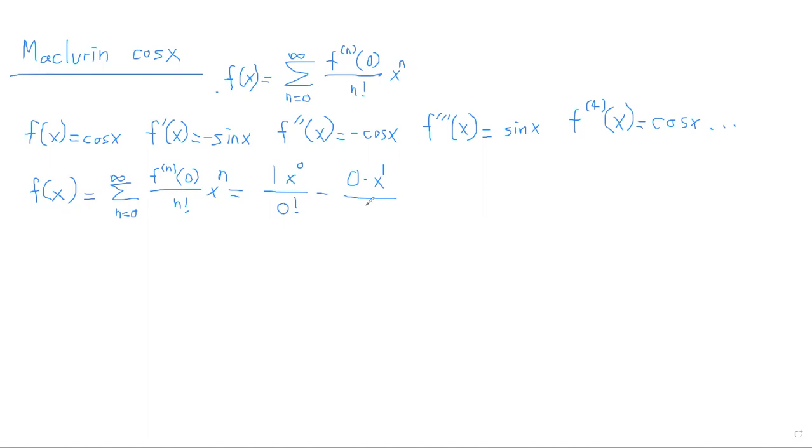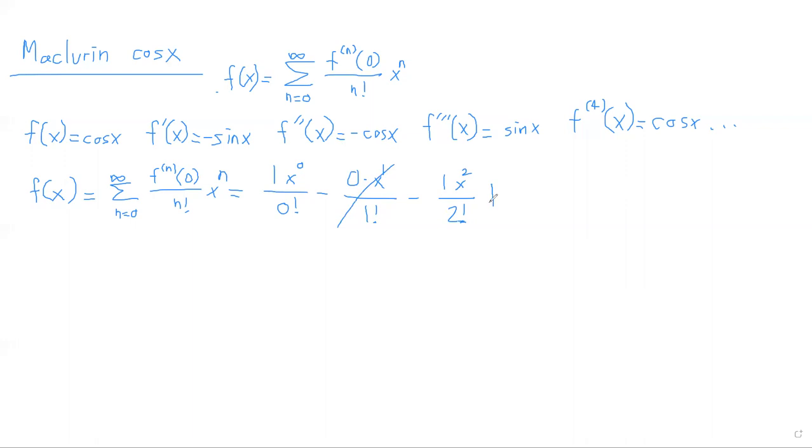This is just equal to 0, so we're just going to ignore it. Minus, okay, so now it's cos x, so we're on n equals 2 right now. Second derivative gives you negative 1, and then x squared over 2 factorial. Remember, we're applying this formula right now.